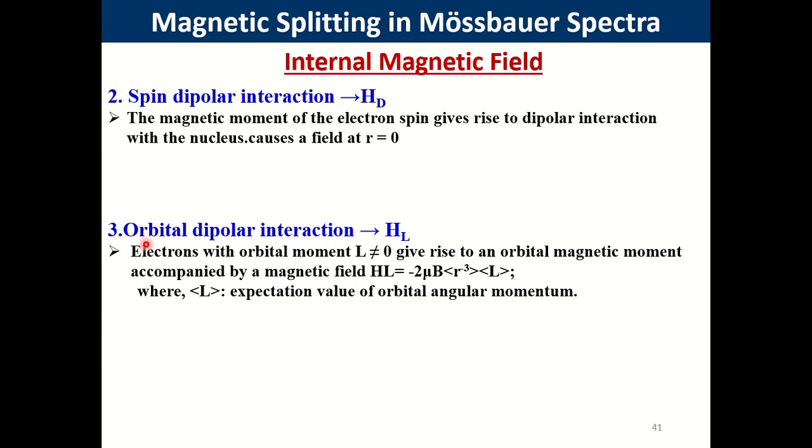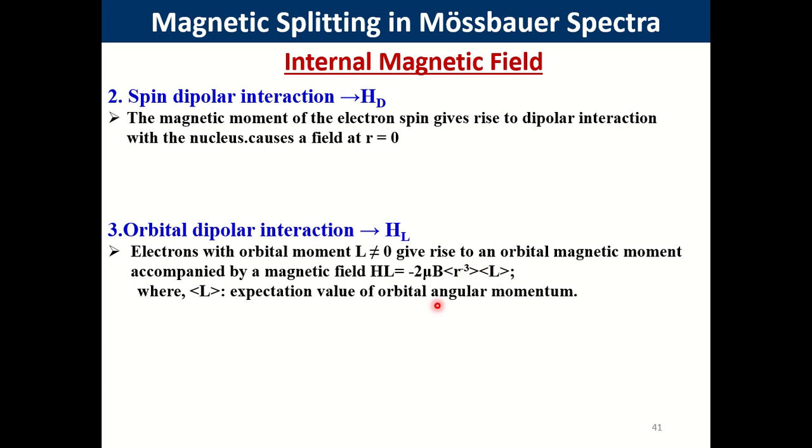The third one is the orbital dipolar interaction, that is, the orbital motion where L is not equal to 0 gives rise to an orbital magnetic moment. This is something like Bohr magneton, with B as a subscript, divided by r cubed, and the expectation value of the angular momentum L must be taken into account.